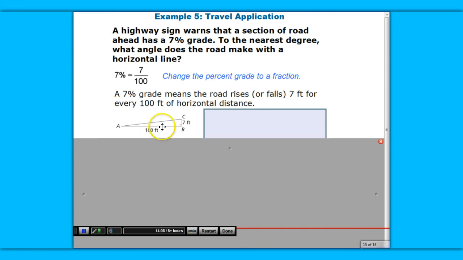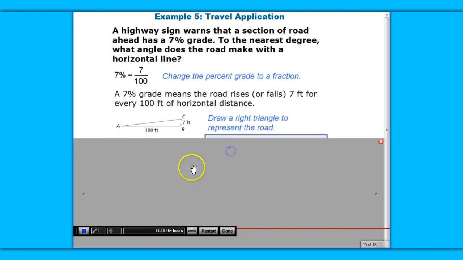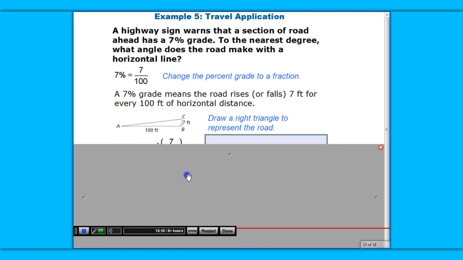And so if we want to find the angle that the road is making with a horizontal line, which would be just a flat place, right? Then we could take the opposite over adjacent ratio here, which is tangent, right?